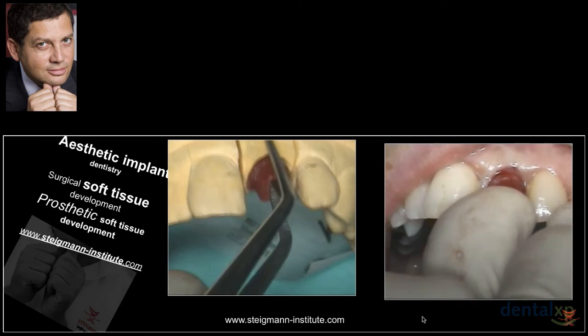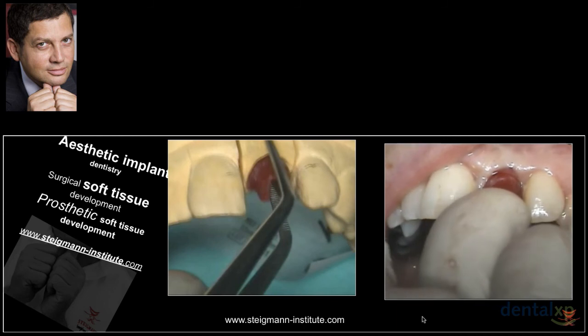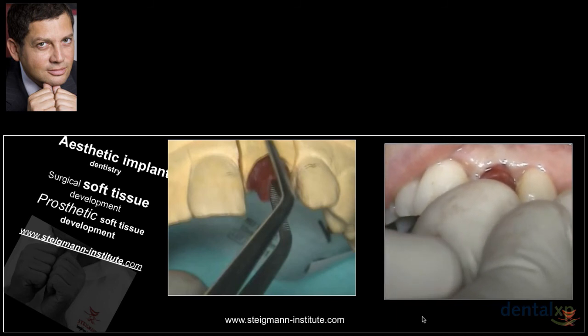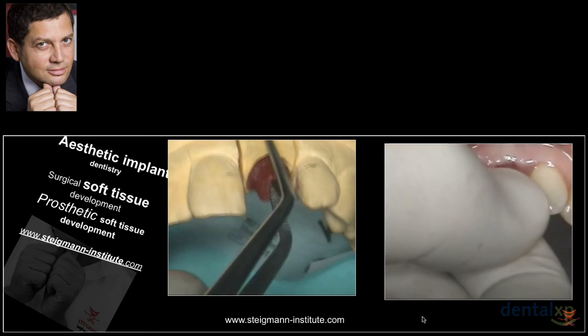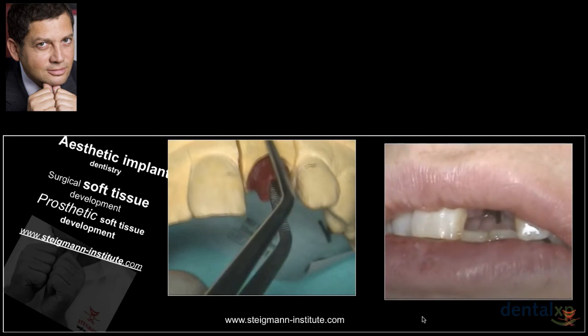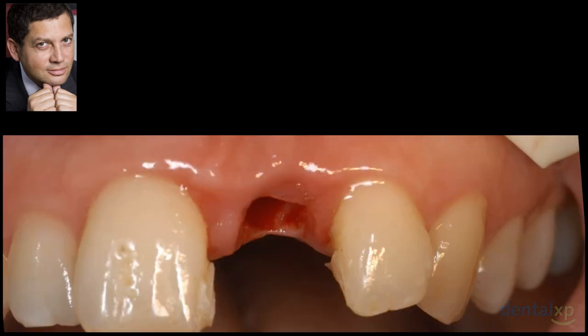If the implant is placed in a more palatal position, we can make it convex. If it's in the right position, or in the position of the extracted tooth, it can be straight, and if the implant is more buccal, we can under-contour it. At this moment we can already check what the reaction of the soft tissue will be to our future CAD-CAM or laser welded abutment in the patient's mouth.